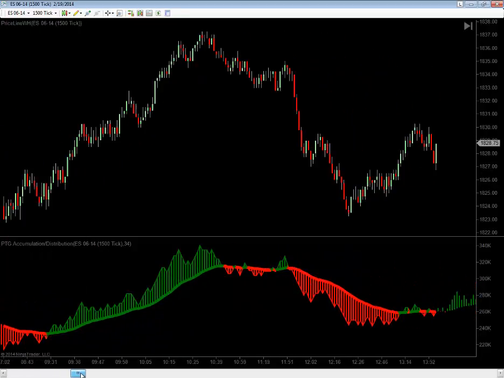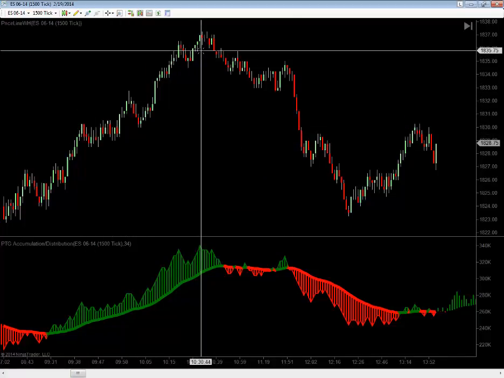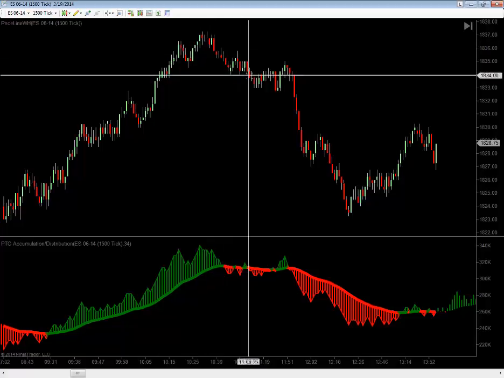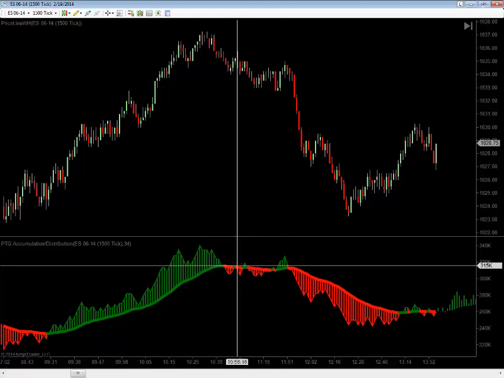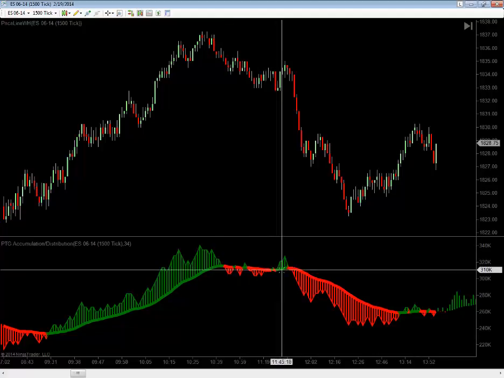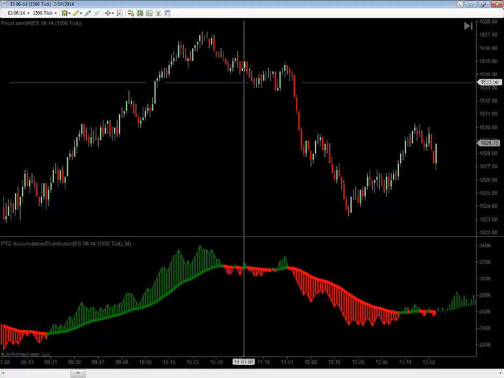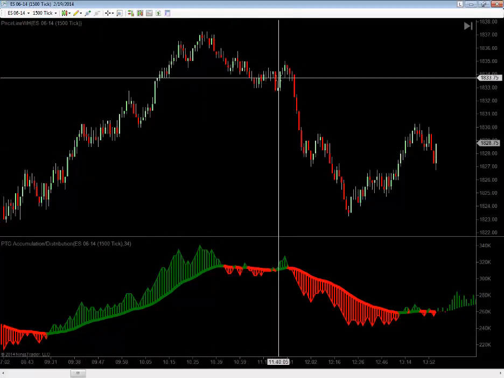As we move on a little bit further here, after the price has made a decent move, it consolidates a little bit. As you can tell here, there was no further accumulation coming in. The money flows just really flattened. So this was an opportunity for earlier longs to take profits.